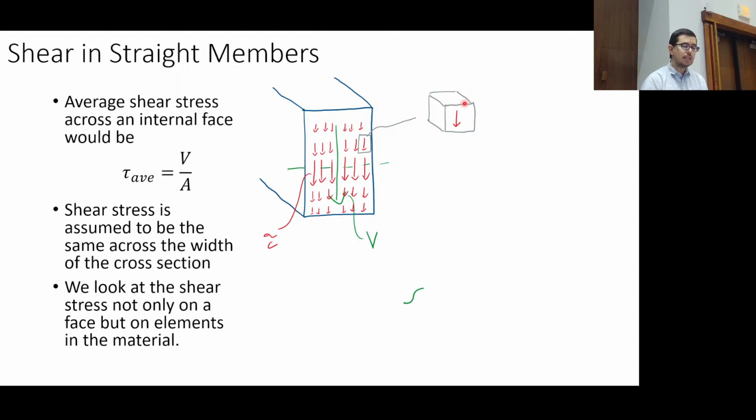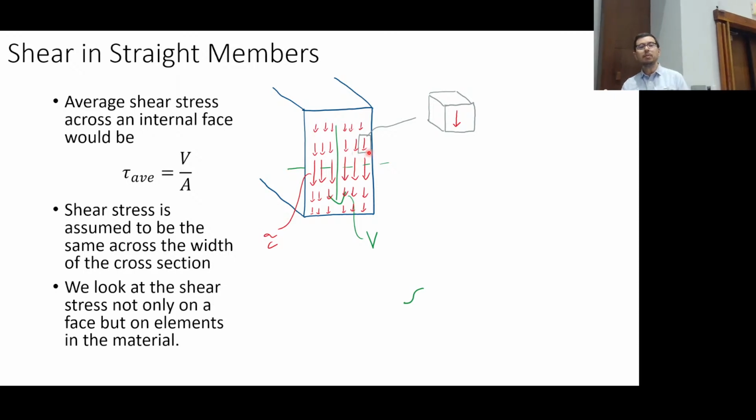So what we're seeing here is this face, which is this face right here. So that's a slice of the beam we've taken. And this element has to be in equilibrium. So if this element is in equilibrium, what other stresses do I have to draw on it?